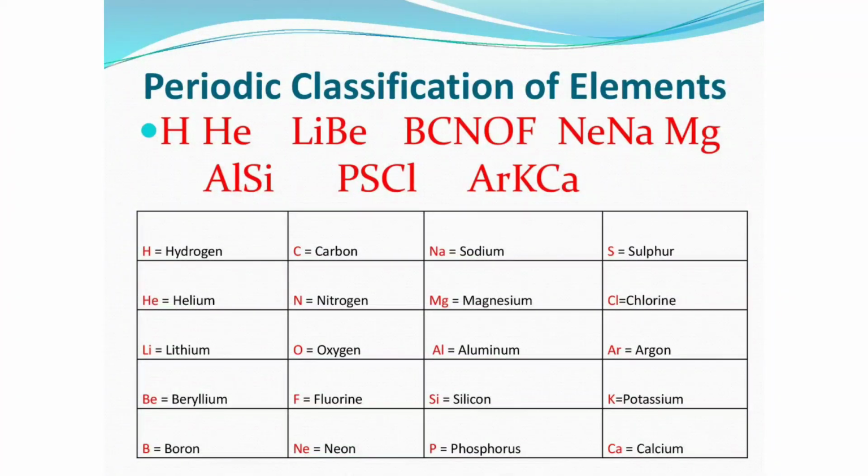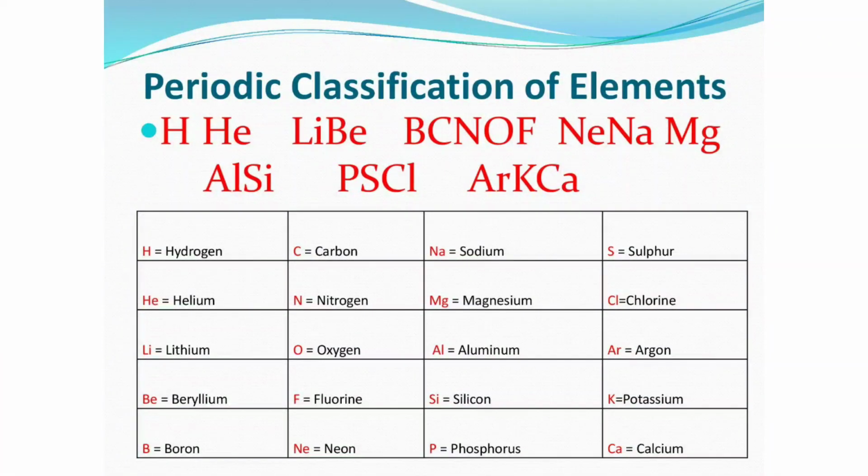H for hydrogen, He for helium, Li for lithium, Be for beryllium, B for boron, C for carbon, N for nitrogen, O for oxygen, F for fluorine, Ne for neon, Na for sodium, Mg for magnesium, Al for aluminium, Si for silicon, P for phosphorus, S for sulfur, Cl for chlorine, Ar for argon, K for potassium, Ca for calcium.